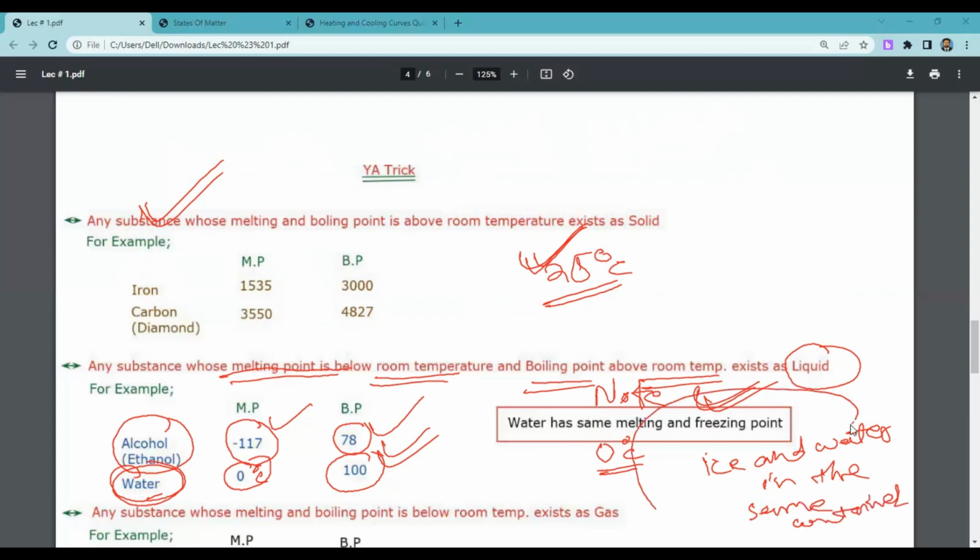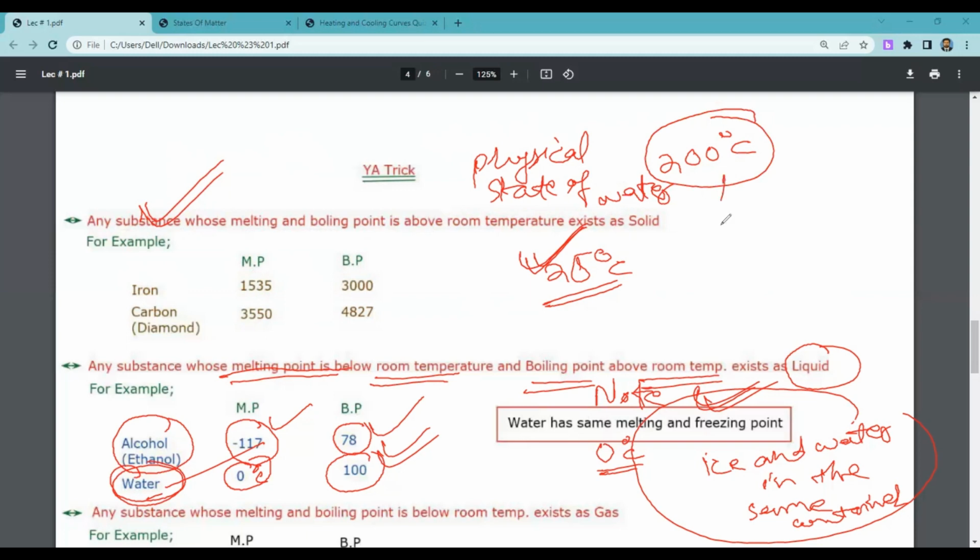If I ask what will be the physical state of water at 200 degrees centigrade, your answer should be gas, because at this temperature the liquid starts converting into a gas.